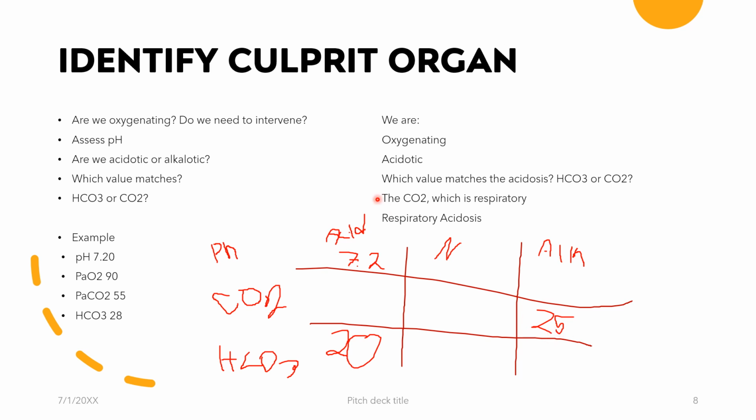So again, our example patient here is 7.2. Their PaO2 is 90, so we're not worried about that. Their CO2 again is 55, and bicarb is 28.